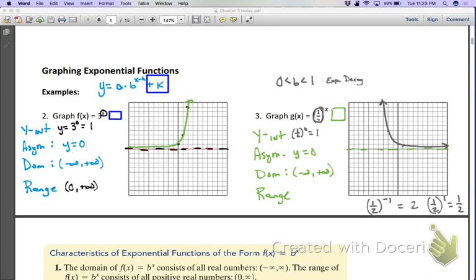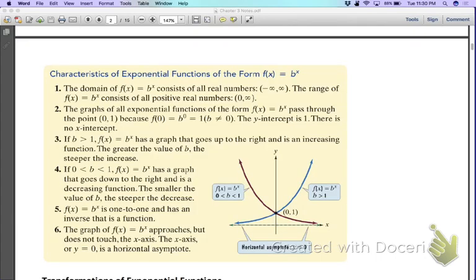Now, basically the characteristics of the function are a lot of the things that we've already talked about. This is really just for a standard normal exponential where there's no movement with it. Normally your y-intercept is going to be at 1.